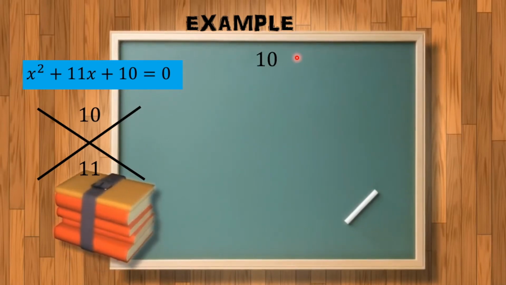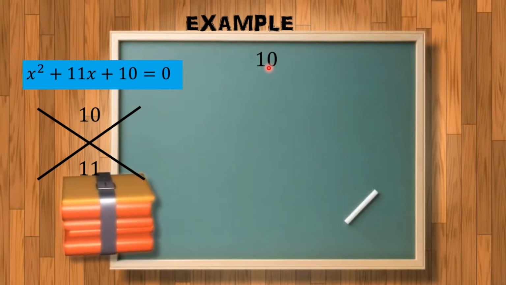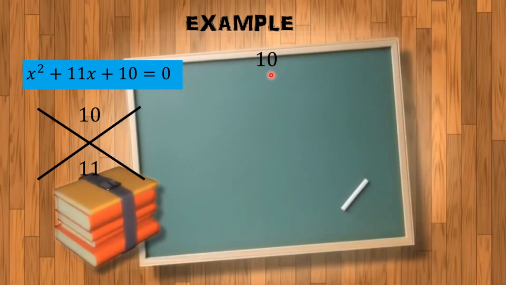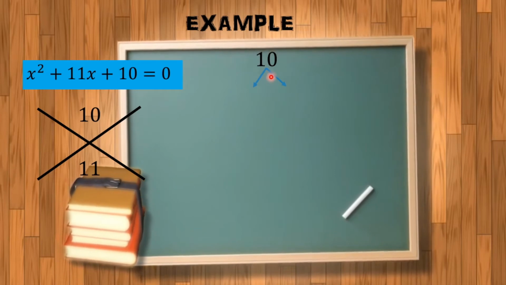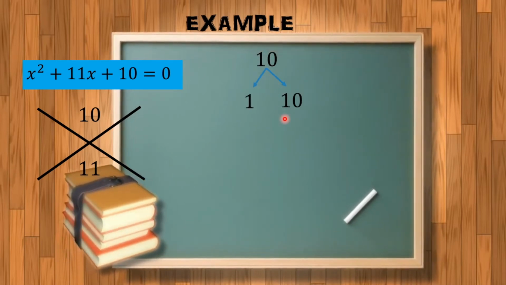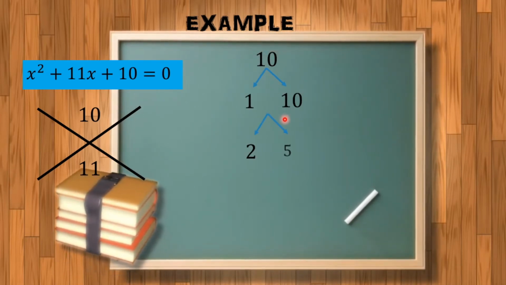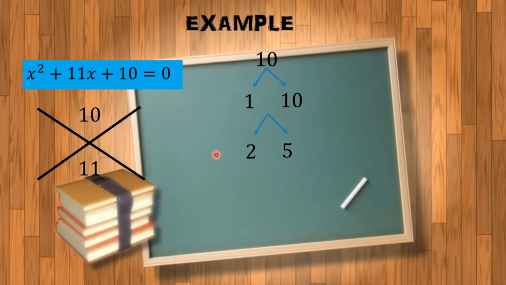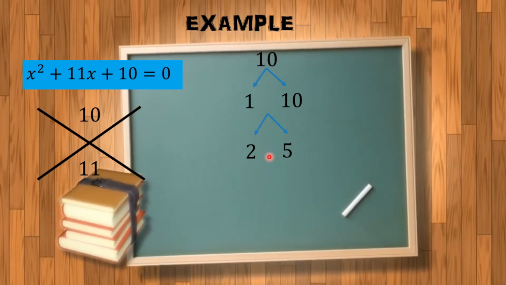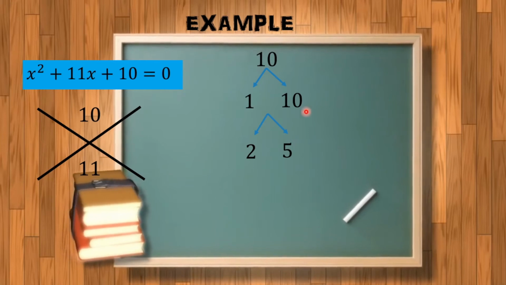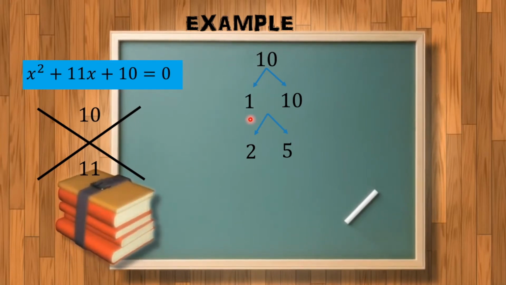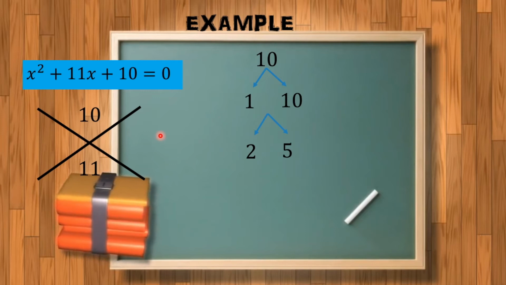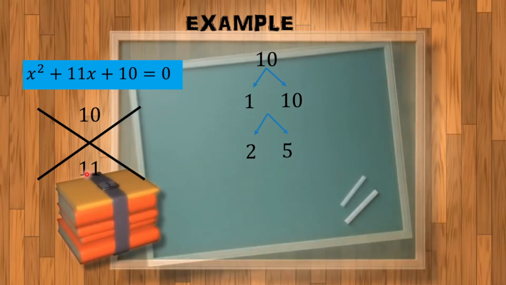Now let us think of the factors of 10. What are those factors of 10? We have 1 and 10, and 2 and 5. That's two pairs of factors. Now let us consider that when we add the two numbers, the sum will be 11.